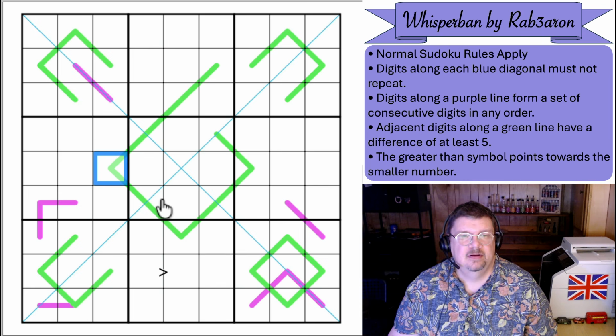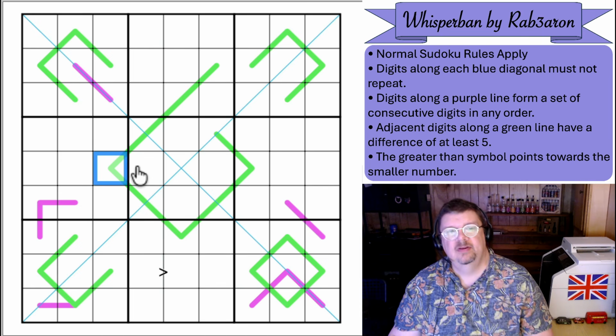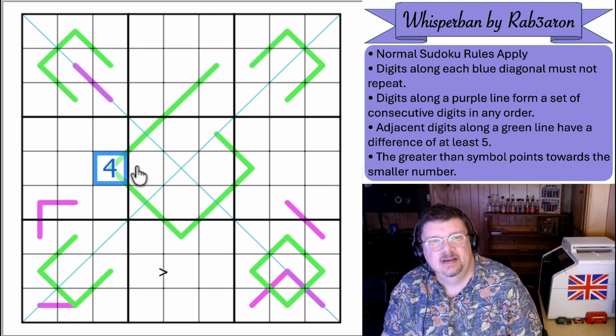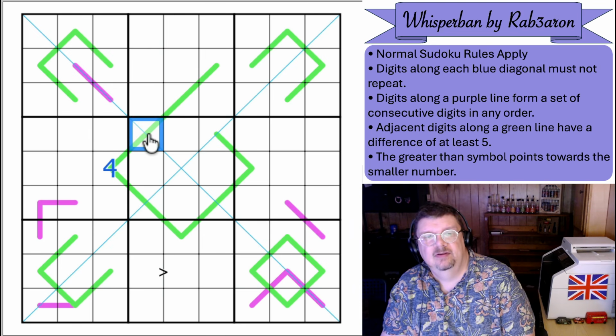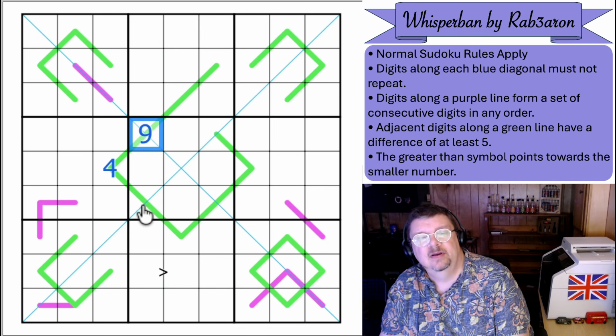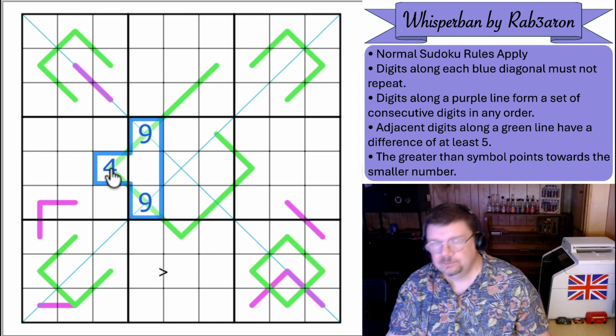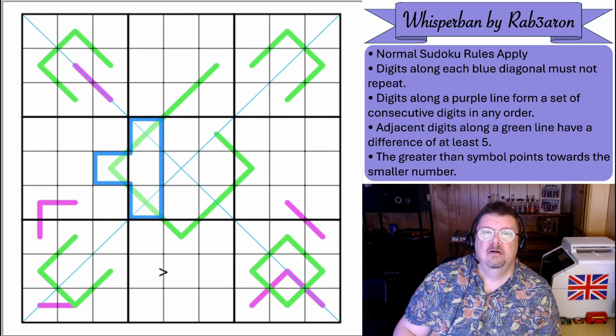So we're going to alternate between high and low along the line. And then the third secret is that 4 and 6 are difficult to place on a line, because if I tried placing a 4 here, for example, then the only digit that can go next to a 4 on a German Whisper is 9. So by German Whisper rules, both of those would have to be a 9, and Sudoku would break that. All right.